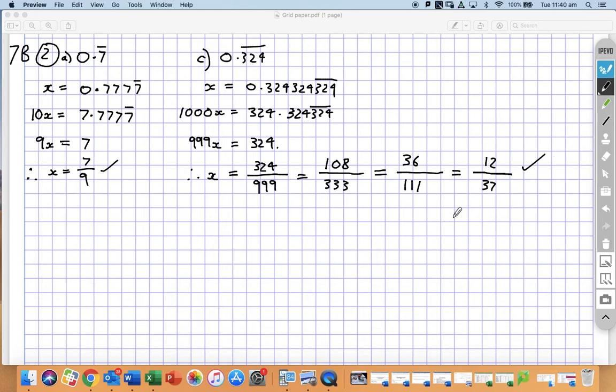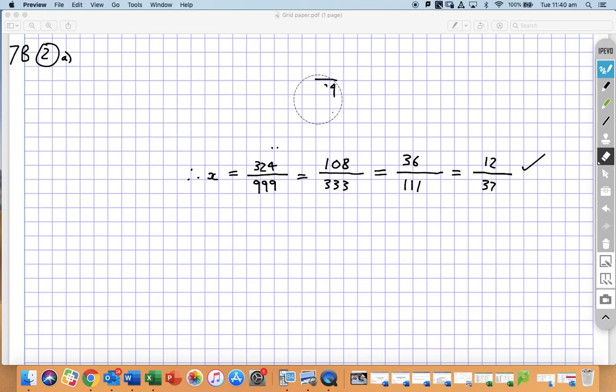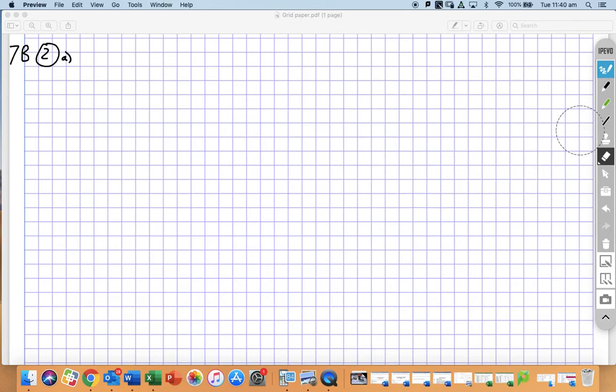Okay. Now, I think I might just do one more. Then I'll stop the video. Because what you may not have realized is in these two examples, they start repeating right from the get-go. As opposed to, what about if you get a recurring pattern in your decimals, but it doesn't happen straight away, like this number.